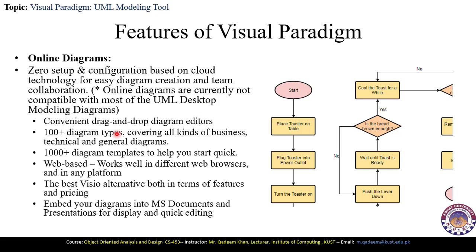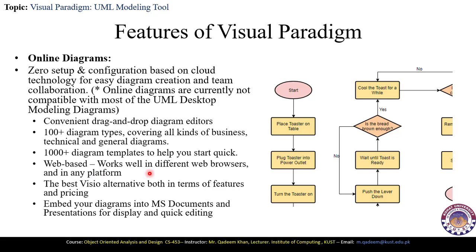You can also work online with Visual Paradigm, because you can just use drag and drop, and there are 100 plus diagram types which cover all kinds of business, technical, and general requirements of software development. And also there are 1,000 plus diagram templates which will help you quickly develop software projects.